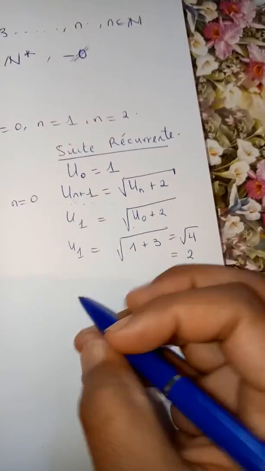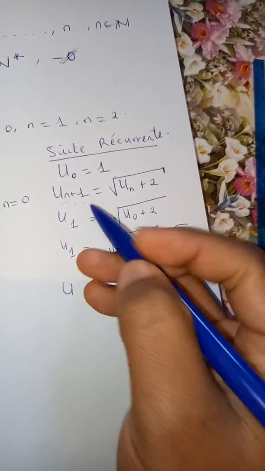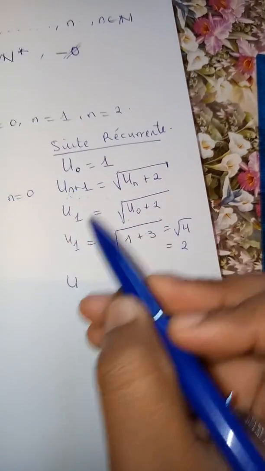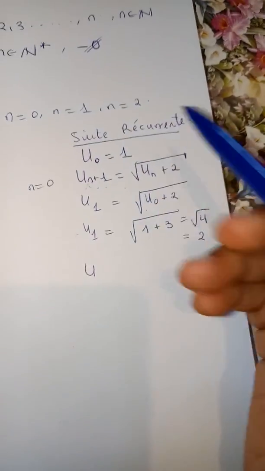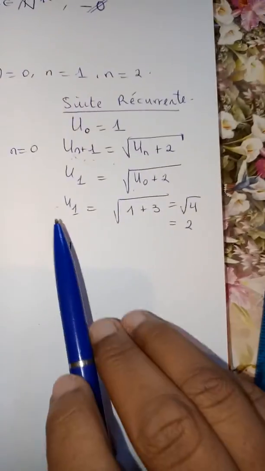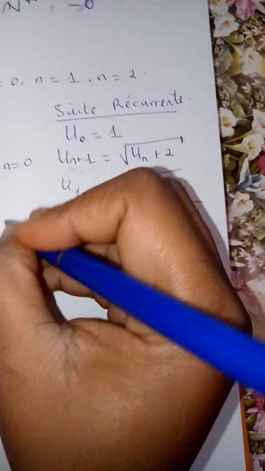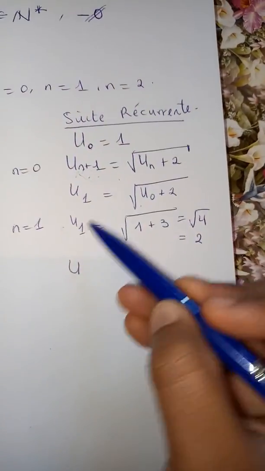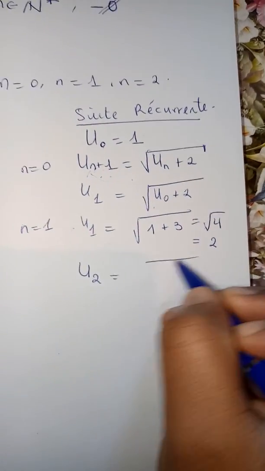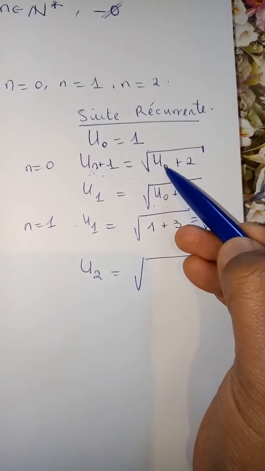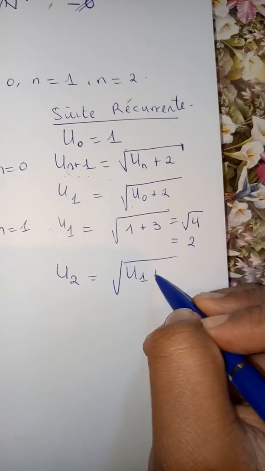To find the second term, which is u2, remember, I'm using the previous term to find the next term for a suite récurrente. Now we're going for when n is equal to 1. If I replace it here, I'll have 1 plus 1, which is 2. So u2, and then n is what? 1. So u2 is equal to racine de (u1 plus 2).